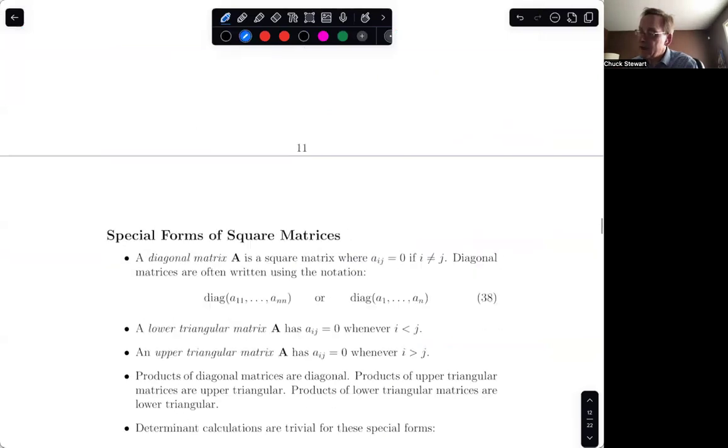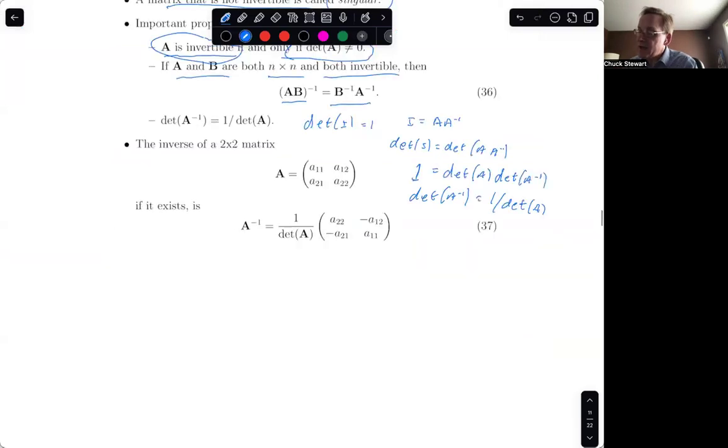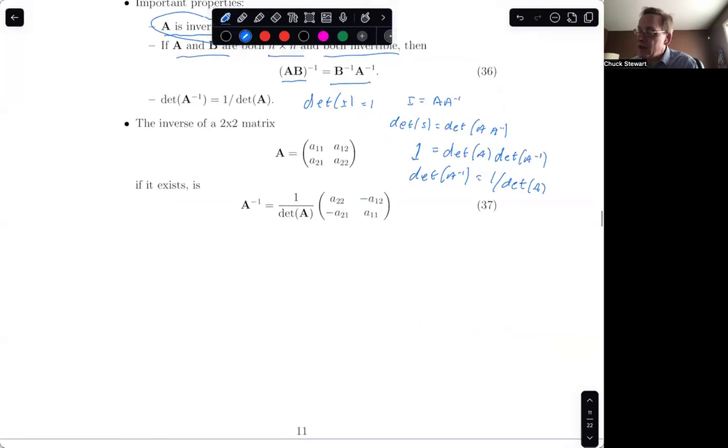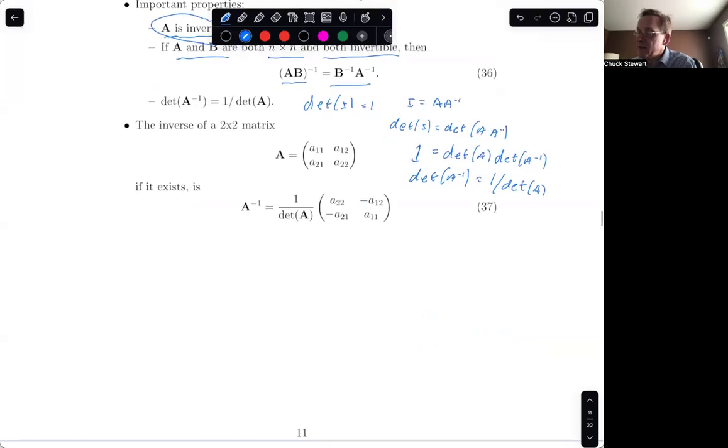So we're not going to talk about how to compute inverses, but you can see for a 2 by 2 matrix, the inverse is to reorder the diagonal, negate the off-diagonal entries of the original, and divide by the determinant.